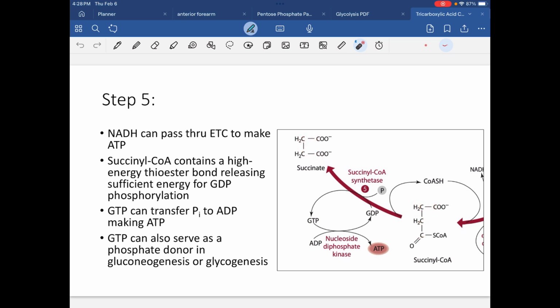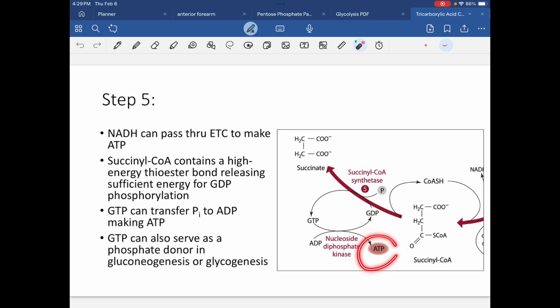In the process of this whole recycling of coenzyme A and making succinyl-CoA into succinate, we're able to transfer an organic phosphate group onto GDP to form GTP. This itself can be used for energy, or we can transfer that into ATP.